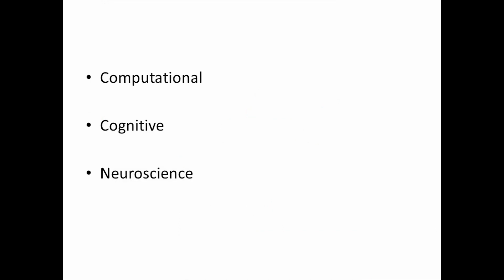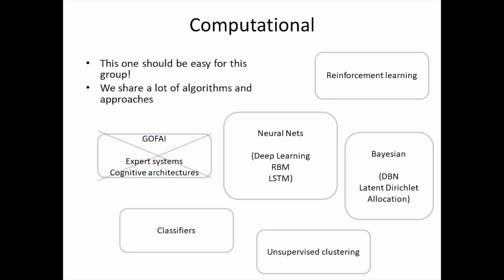So the talk is on computational cognitive neuroscience. I figure I'll spend a minute defining each of those terms for you. The computational part, I think nobody here has any trouble with. The point I'd like to highlight is that we do use a lot of similar techniques.